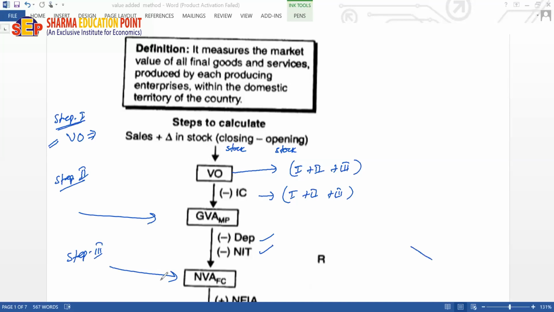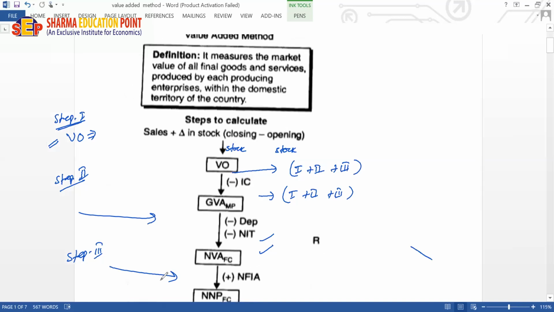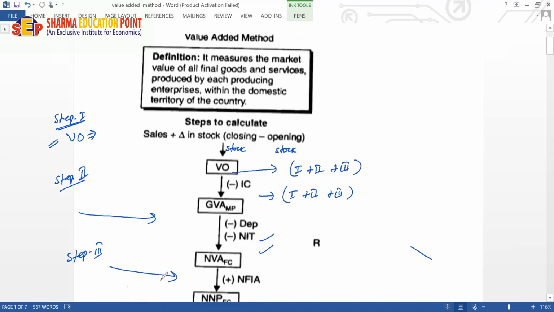And when you plus NFIA, you will have NNP at FC. This is step 4. So this is NNP at FC, or this is the final national income.